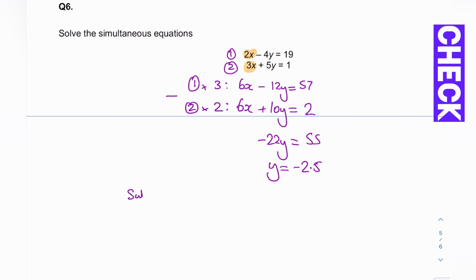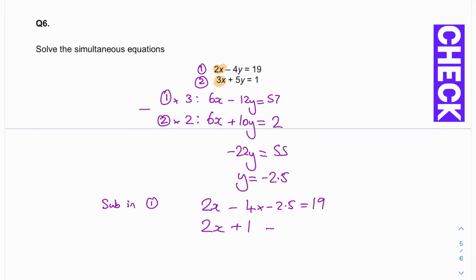I can now substitute this into equation 1. So I've got 2x minus 4 times negative 2.5 equals 19. Negative 4 times negative 2.5 is positive 10, and that equals 19. I can now solve this equation where I get 2x is equal to 9 and x is 4.5.